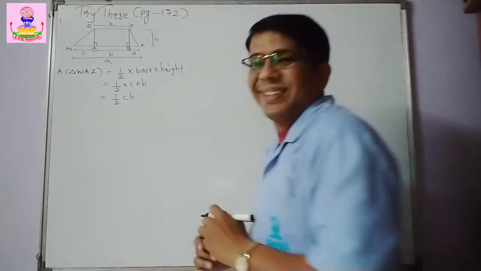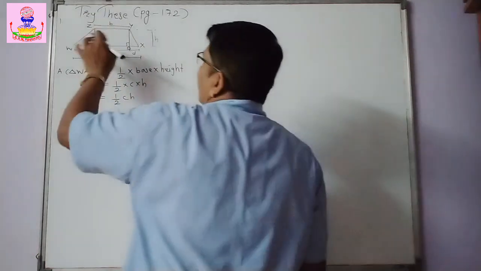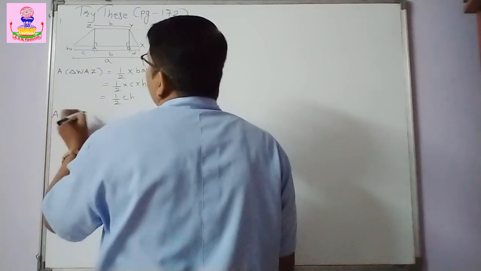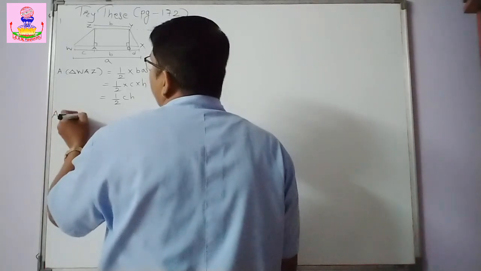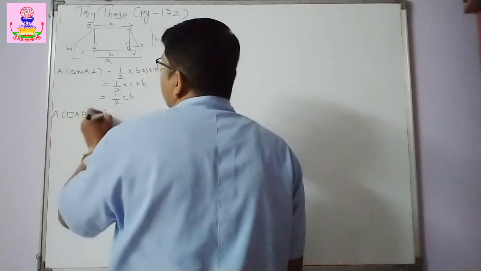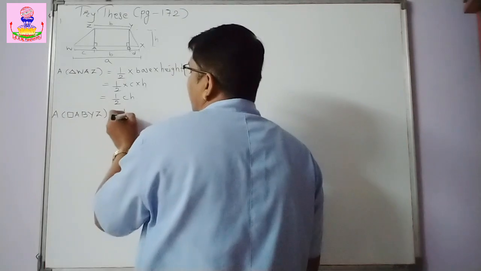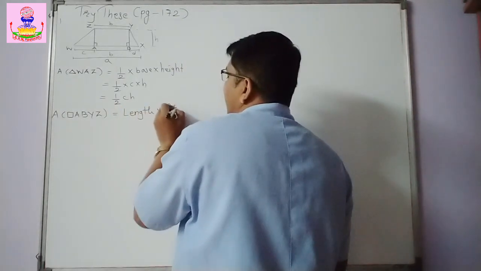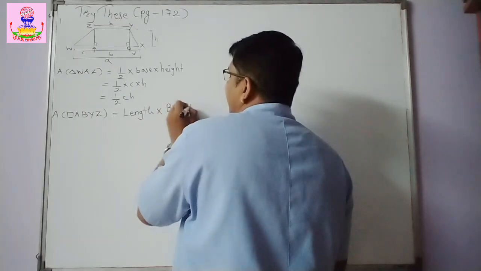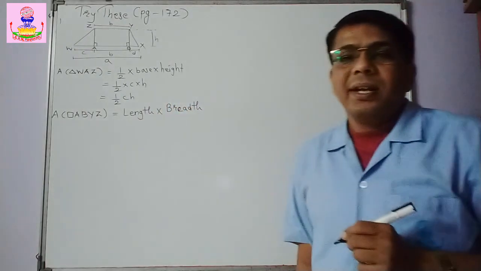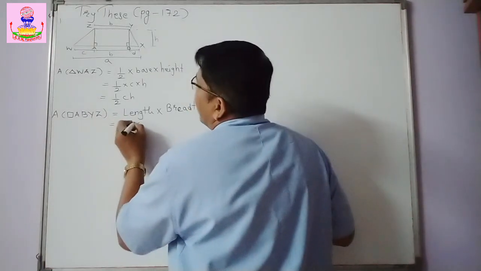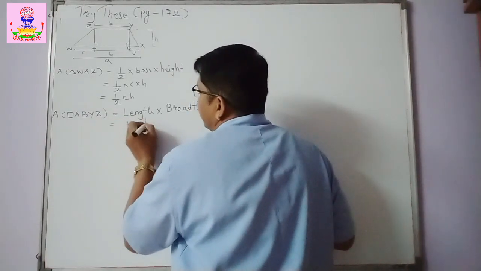Then we'll find out area of a rectangle, area of rectangle ABYZ. Now that is equal to length into breadth. Am I right? Now here, what is the length? Length is b. And what is the breadth? Breadth is h.